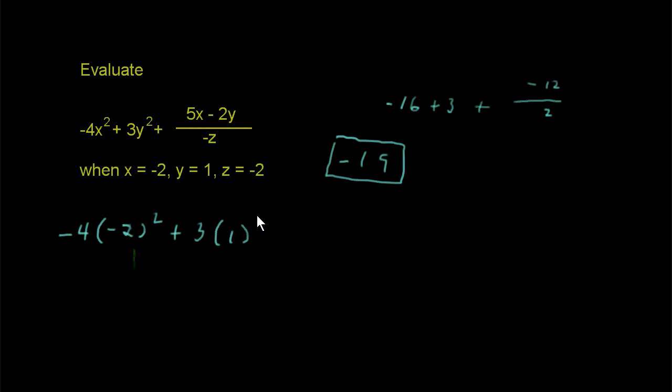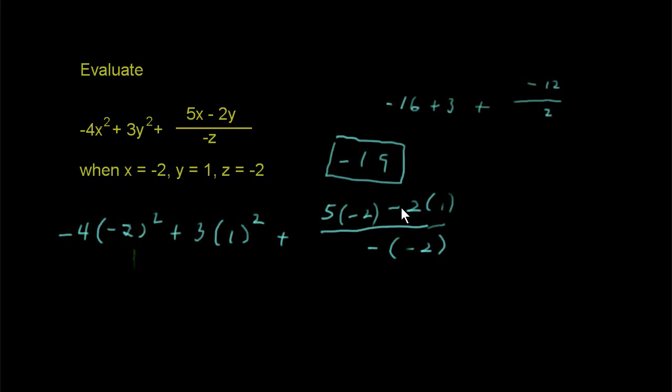Putting 1 in its place, squaring that, 1 plus, and here's that fraction, 5 times x, so that's 5 times that negative 2, which x is equal to. Subtract 2 times 1, and that whole thing is over the opposite of whatever z was, and z was negative 2.